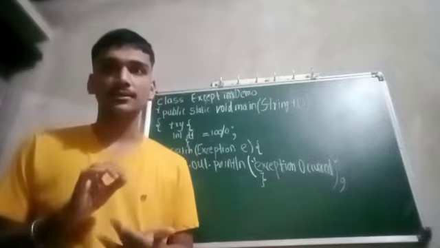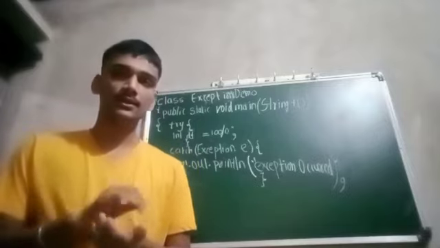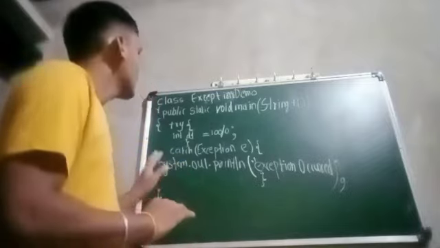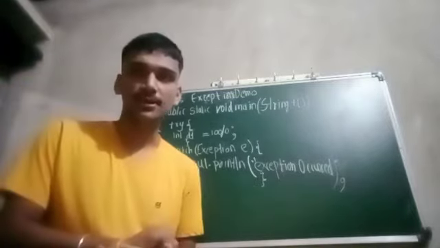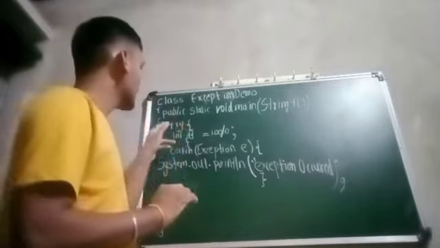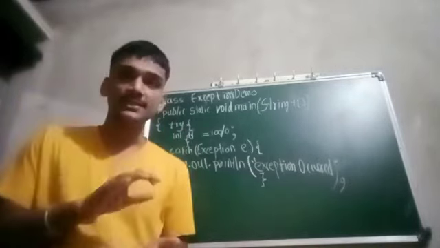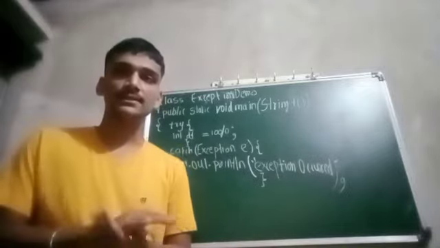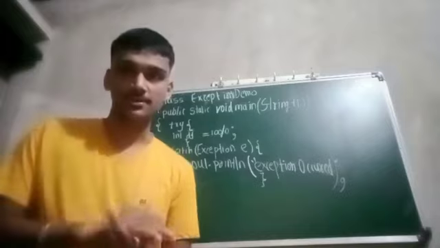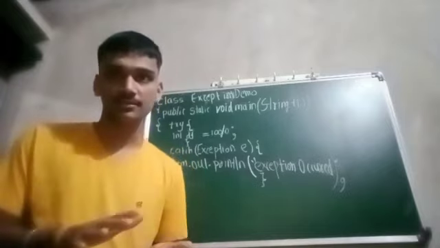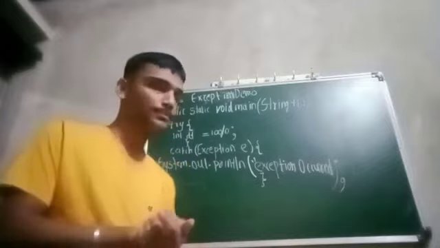An exception is nothing but a runtime error, and handling it is exception handling. This is the class, the exception demo class. This is our main method, public static void main, and we are using a try catch block. If a particular statement can raise an exception, it is placed inside the try block.